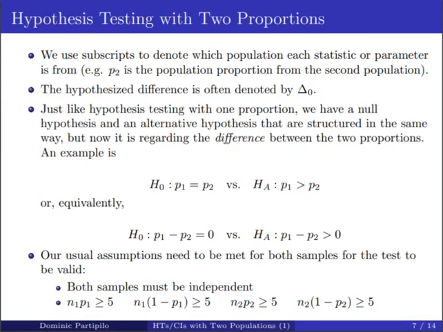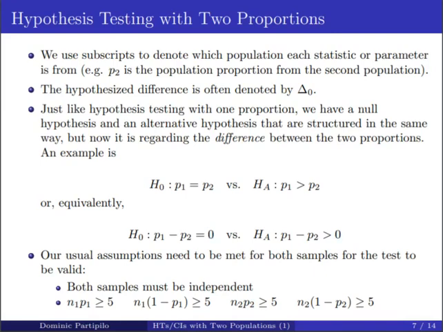Equivalently, we could work the delta zero into this by saying p1 minus p2 is equal to 0, versus an alternative hypothesis, which is p1 minus p2 being greater than 0, or less than 0, or not equal to 0, again depending on what you're testing. In this case, our delta zero is going to be the hypothesized difference between the two, so 0 is going to be our delta zero.